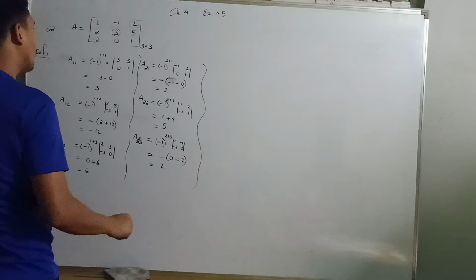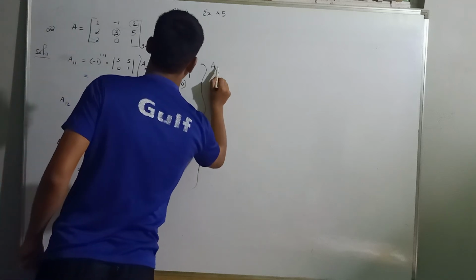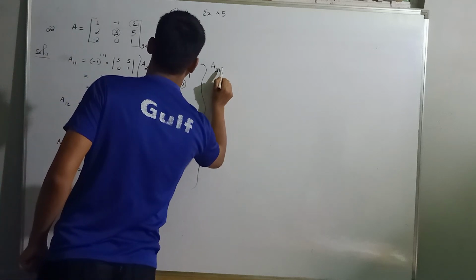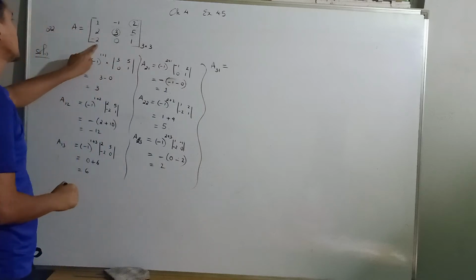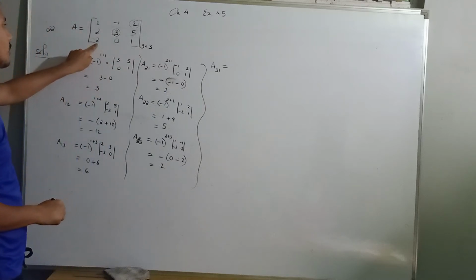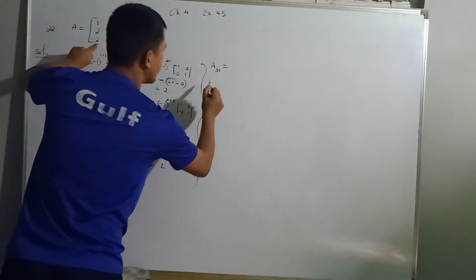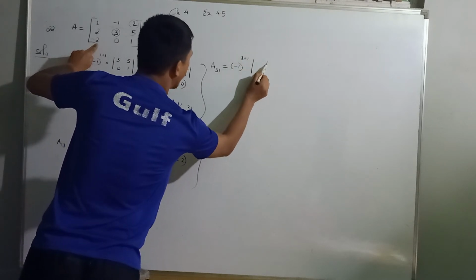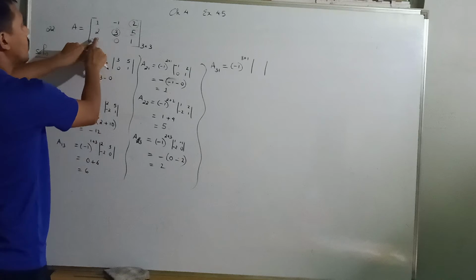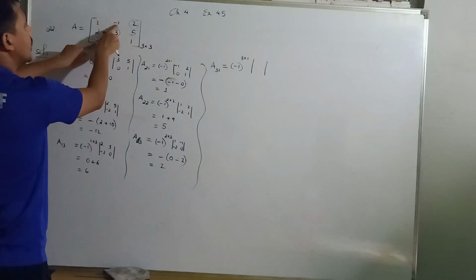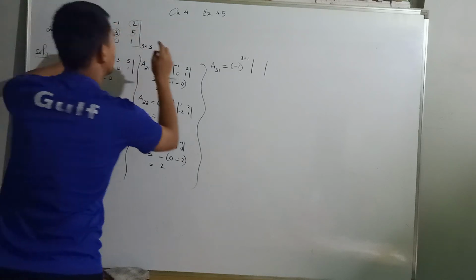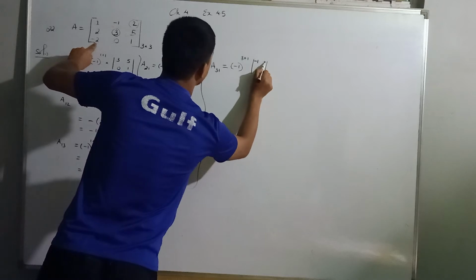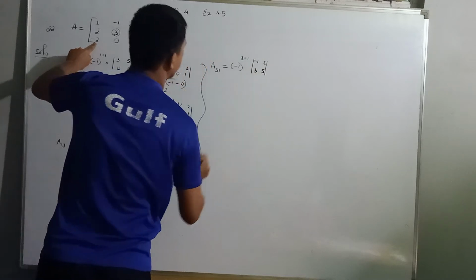Now we go for the third row. Let's find out the cofactor of the elements of the third row. This element belongs to third row and first column. So the definition says minus 1 to the power 3 plus 1, and we take the minor of this element. Minor means minus 1, 2, 3, 5.